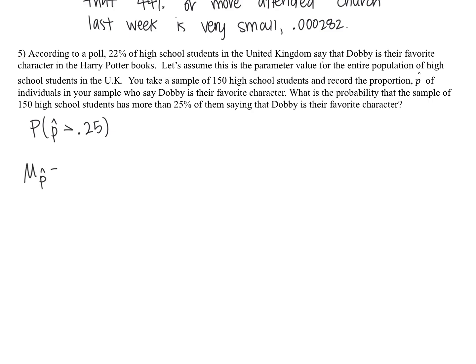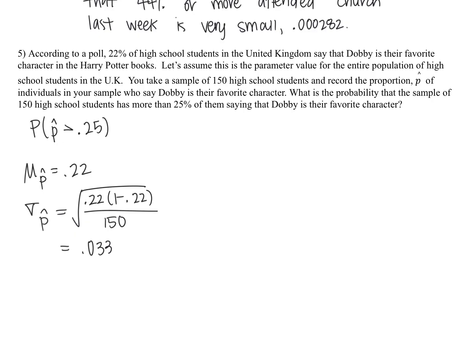Our mean is going to be 0.22. Standard deviation will be the square root of 0.22 times 1 minus 0.22 all over 150, which is 0.0338.